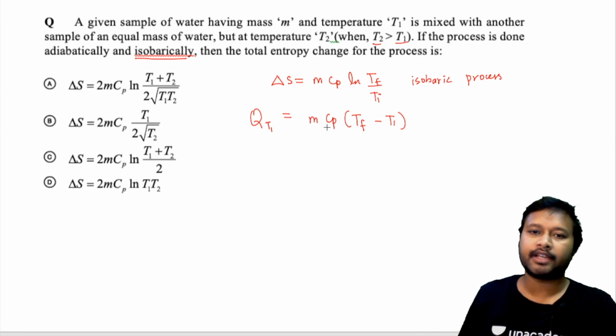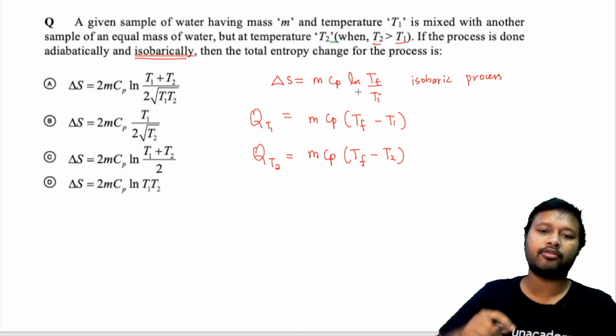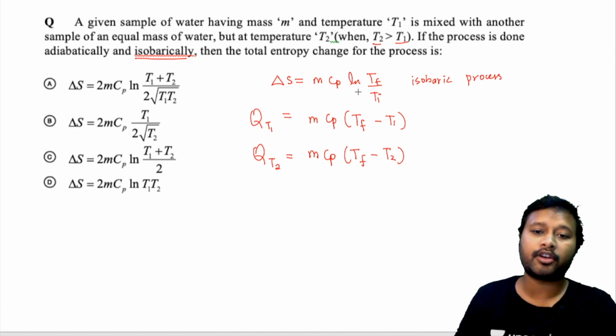Cp is again the molar heat capacity at constant pressure, and m is the mass. The formula is mCp(T2 minus T1), but I have taken it as mCp(Tf minus T1) for the heat change at temperature T1. Now Qt2 will be given by the same thing: mCp(Tf minus T2). Why am I doing this? Because I don't know the value of the final temperature Tf, so for that I have to do this.